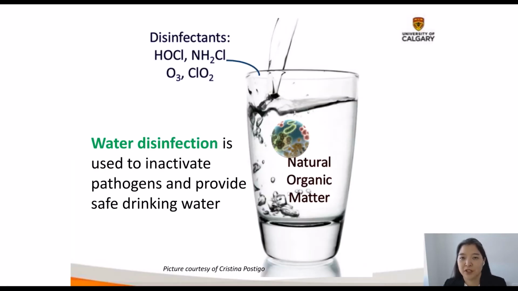So water disinfection is the worldwide commonly used practice that inactivates pathogens and provides safe drinking water. Commonly used disinfectants include free chlorine, combined chlorine or chloramines, ozone, and chlorine dioxide.